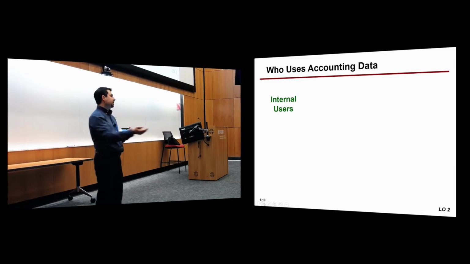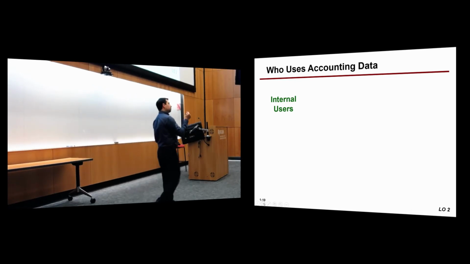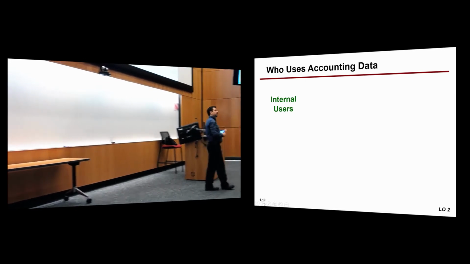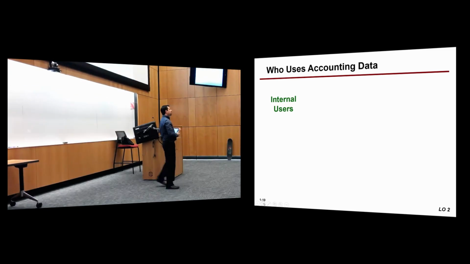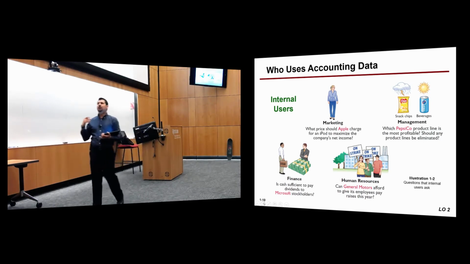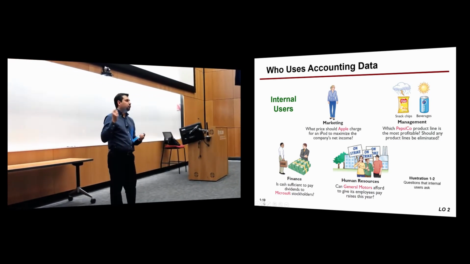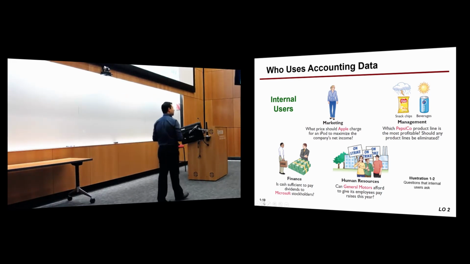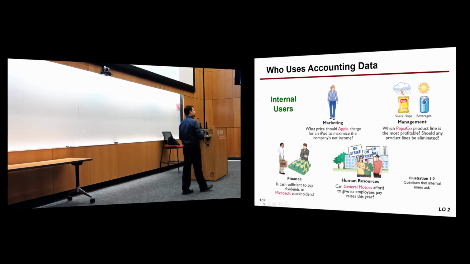Marketing. Again, who else? Come on, it's not that scary and I said it's fine to make mistakes. Yes? Finance. So basically you have people like marketing, finance, HR, production managers, etc. All these people are interested in this information. They use this information to make better informed decisions.